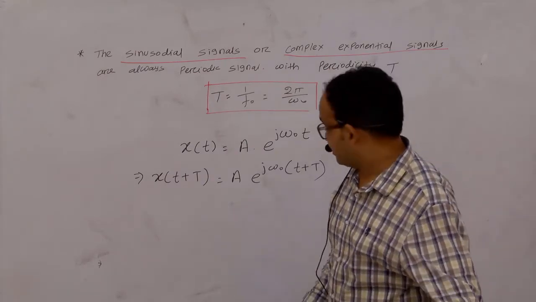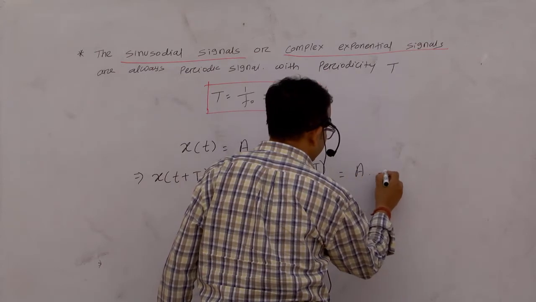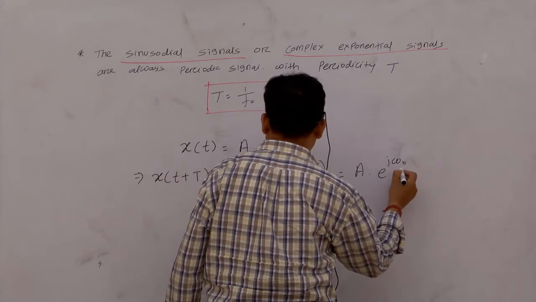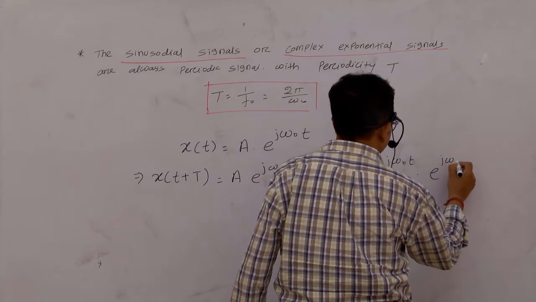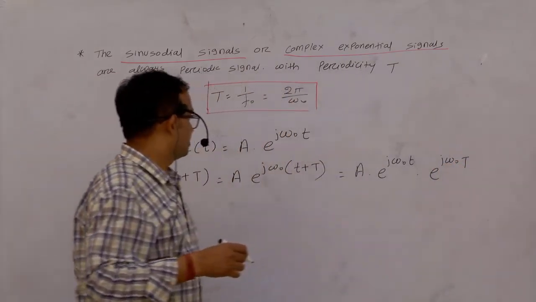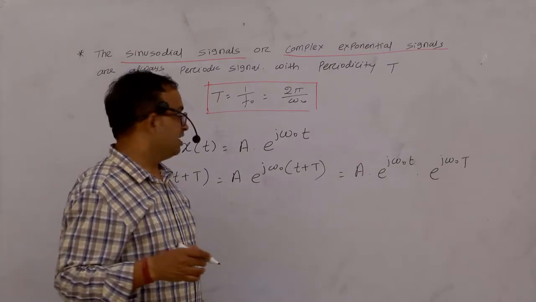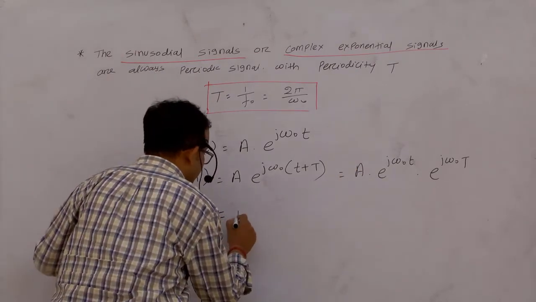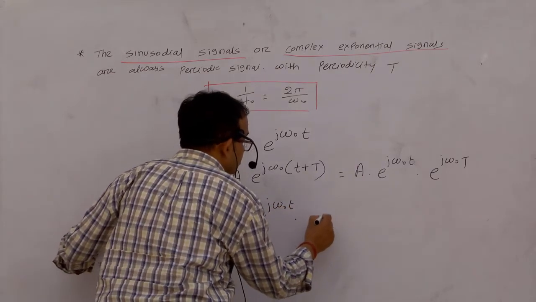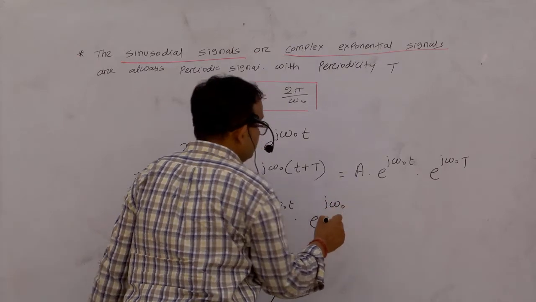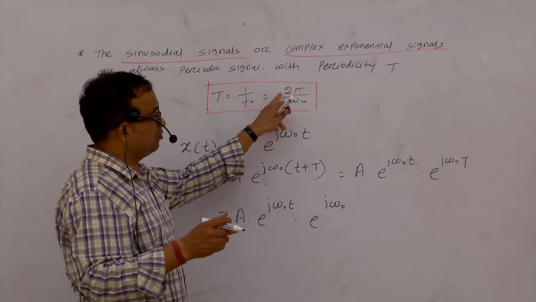Now this can be written as a into e to the power j omega 0 t into e to the power j omega 0 capital T. What is capital T? Capital T is nothing but equal to 2 pi by omega 0.